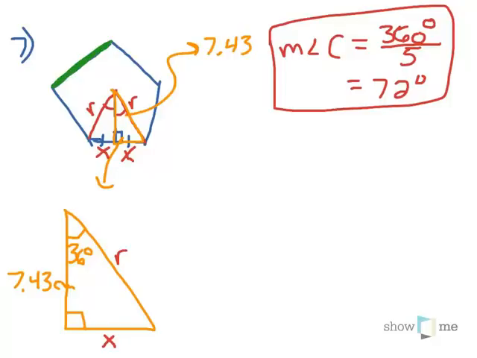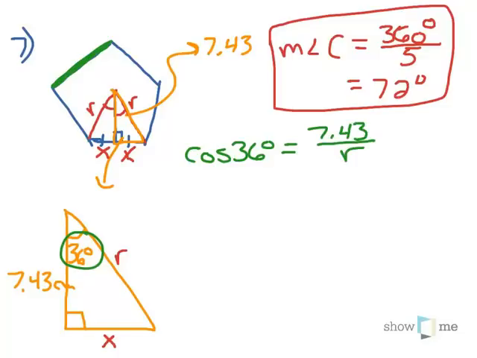To figure this out, we're going to use right angle trig. So starting with our 36-degree angle, starting with that acute angle, we have the adjacent side 7.43, and we have the hypotenuse r. So we could say cosine 36 degrees equals the adjacent leg over the hypotenuse.